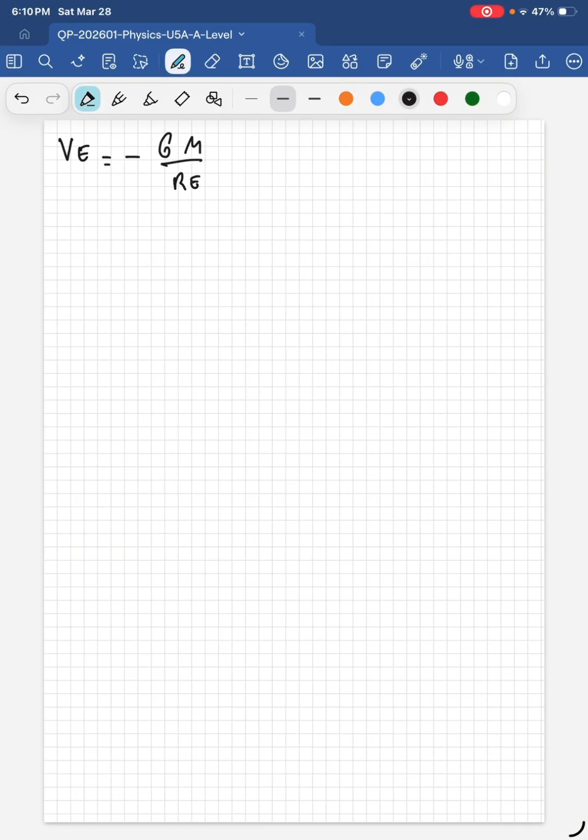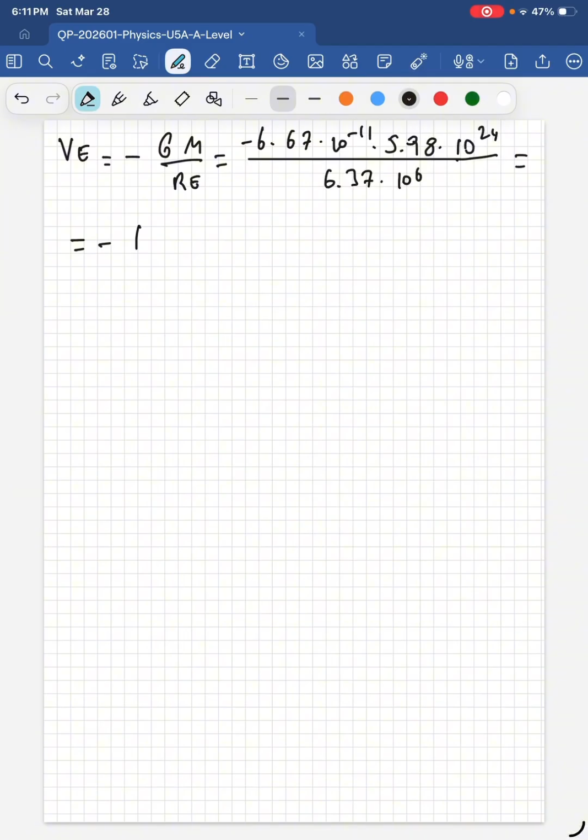Notice that this is independent of the mass of the object, because this is a property of the Earth, okay? So this is equal to minus 6.67 times 10 to the negative 11 times 5.98 times 10 to the 24 over 6.37 times 10 to the 6 meters.